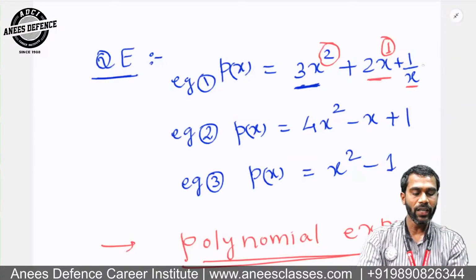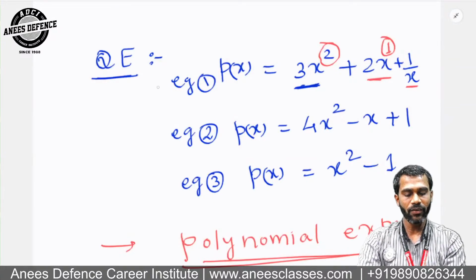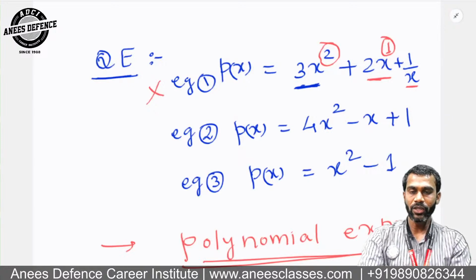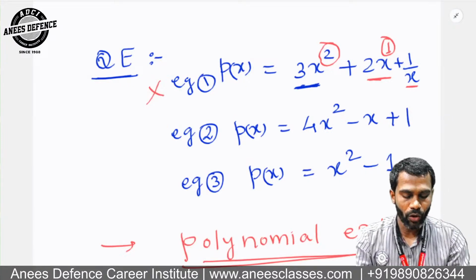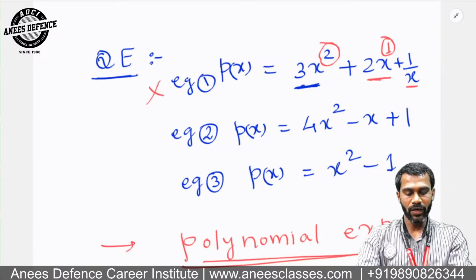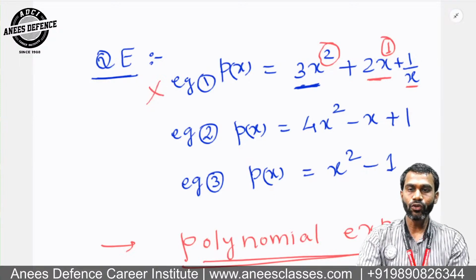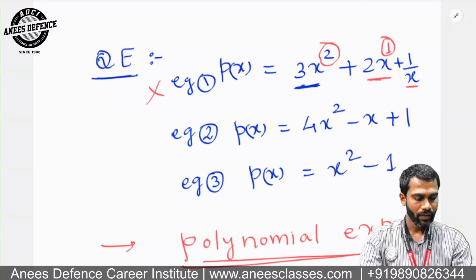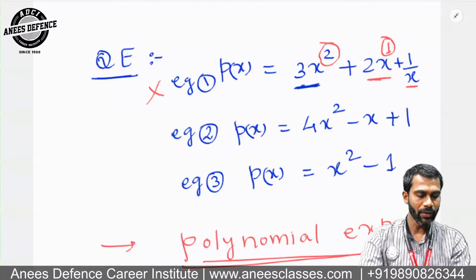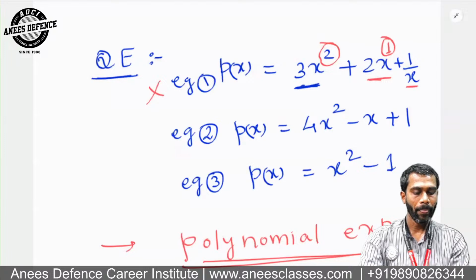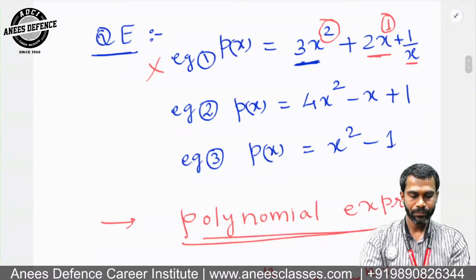So since minus 1 is not a whole number, that is why this expression is not a polynomial, and it is not a quadratic expression as well. It has to be a polynomial first. I hope it is clear. Yes or no? Yes, students, tell me. Have you understood this one?